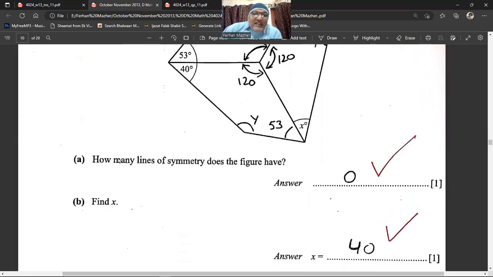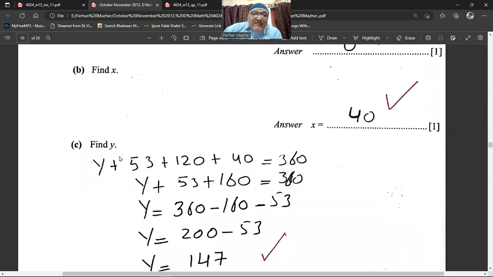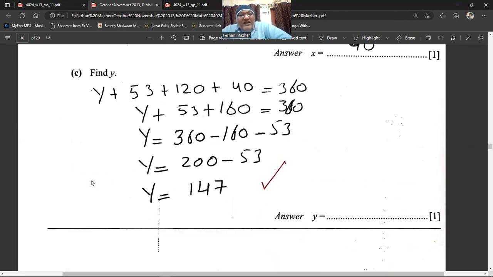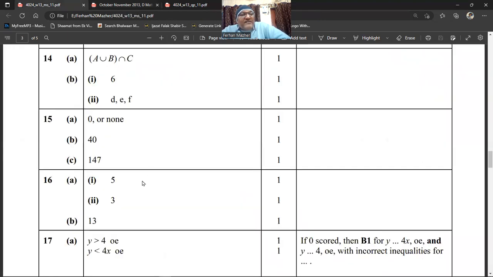So x equals 40, and y plus 53 plus 120 plus 40 equals 360. So y plus 53 plus 160 equals 360. So y is equal to 360 minus 160 minus 53. That will be 200 minus 53, and that will be 147. So the value of y will be 147.